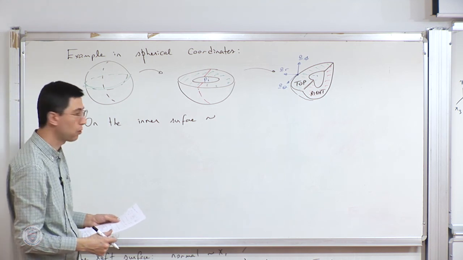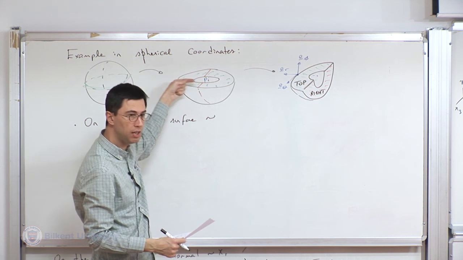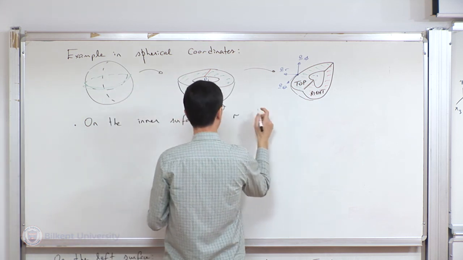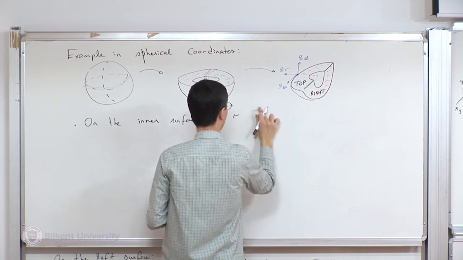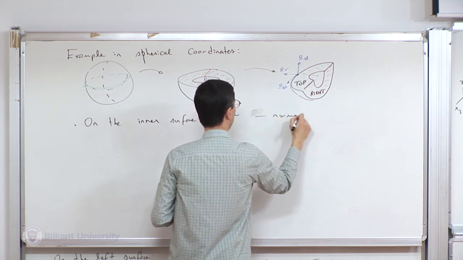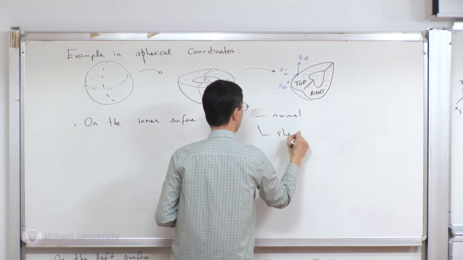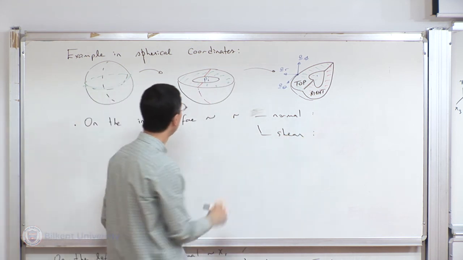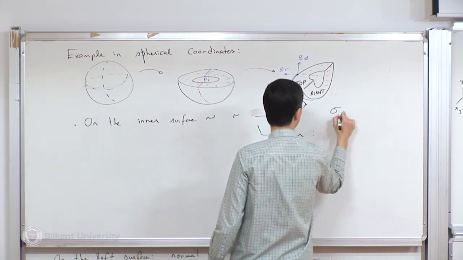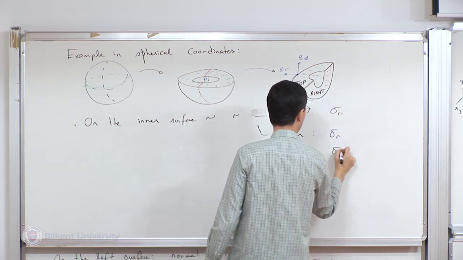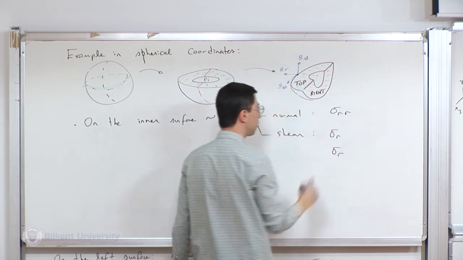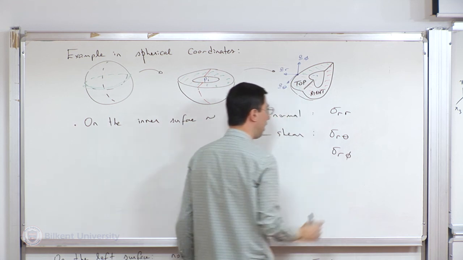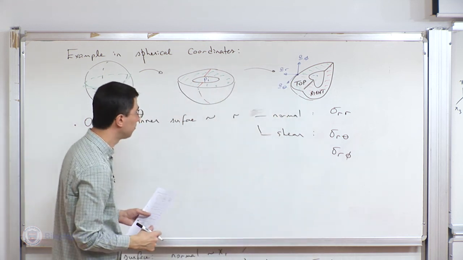So that is a surface with a normal in the r direction, right? And we have a normal stress component and a shear stress component. So I'm on the plane with normal r on the inner surface, so it's going to be sigma_r in every case. The normal stress component is sigma_rr, and then I have sigma_r theta and sigma_r phi.